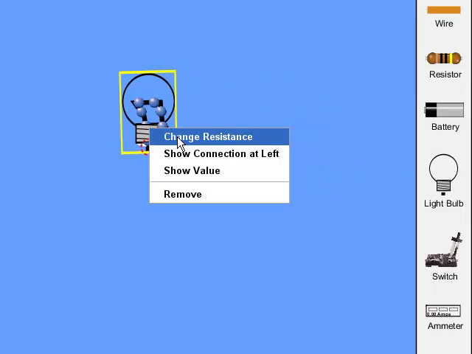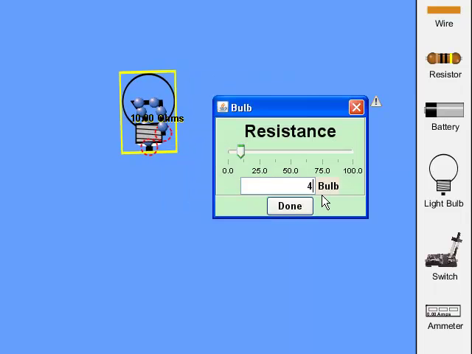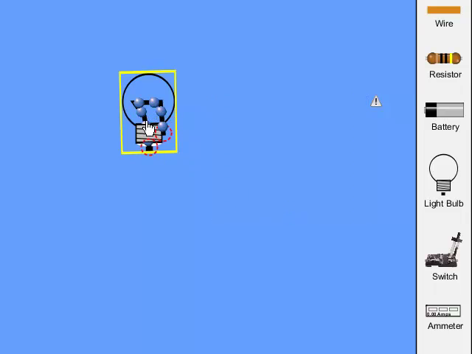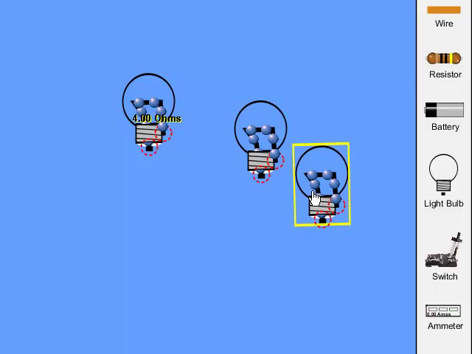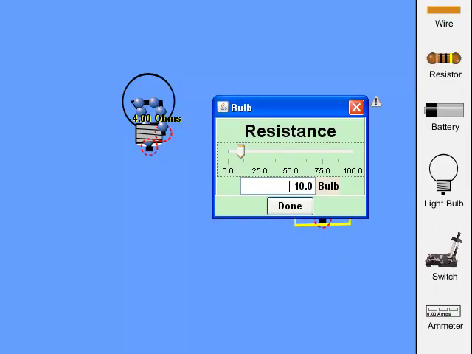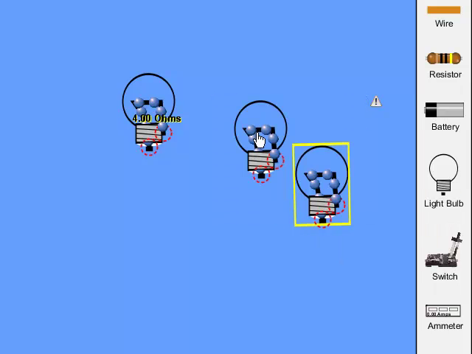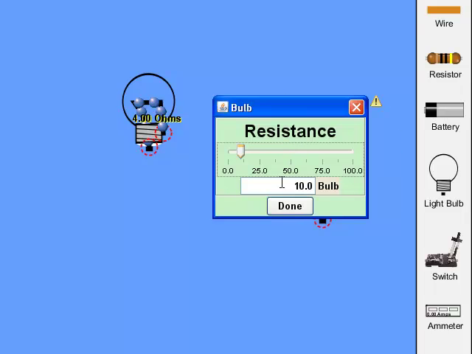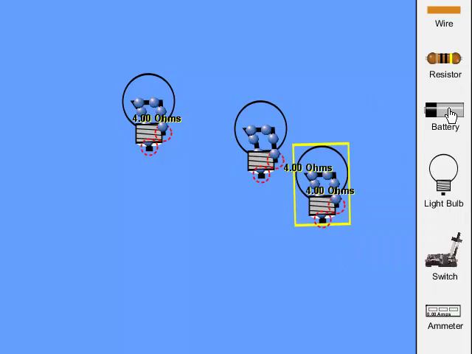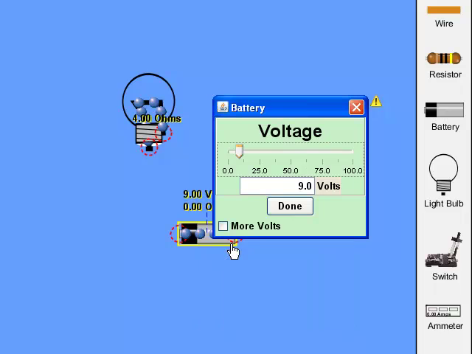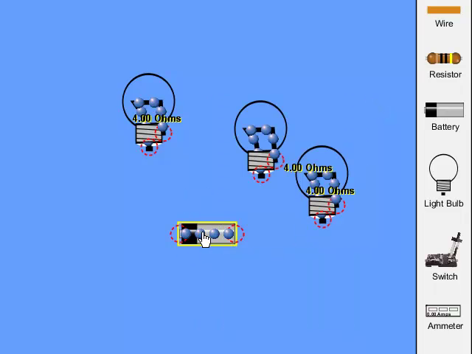Okay, there's a light bulb, and again it's 4 ohms. Show the value, get another couple. 4 ohms, show the value, need a battery, and 6 volts for these.